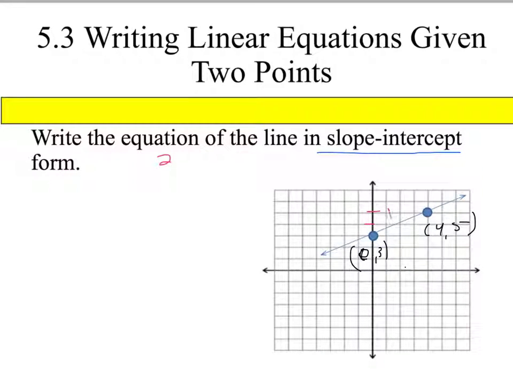I go right 1, 2, 3, 4. Right a positive 4. Okay, so when I simplify this out, I get 1/2. You could do the exact same thing as 1/2 for if you took the 3 minus 5 over 4 minus 0. Okay, you're going to get 1/2 as well.